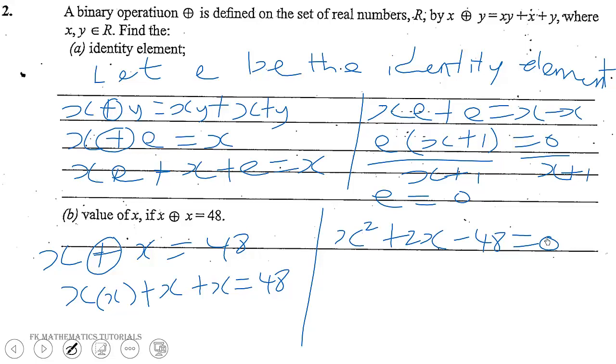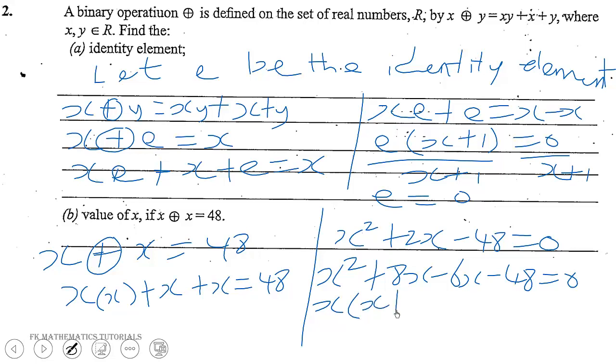Now two factors of negative 48 that will add up to 2 are 8 and negative 6. So we split the middle term: x² plus 8x minus 6x minus 48 is equal to 0. We factor x out, x(x plus 8), and minus 6 out, minus 6(x plus 8) equals 0.